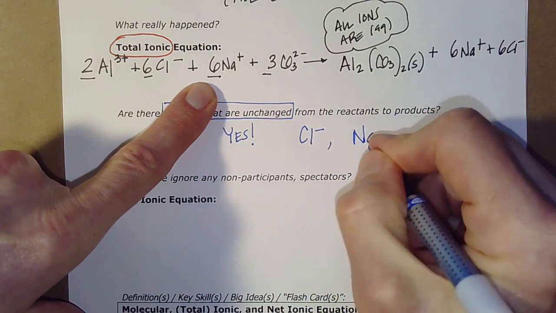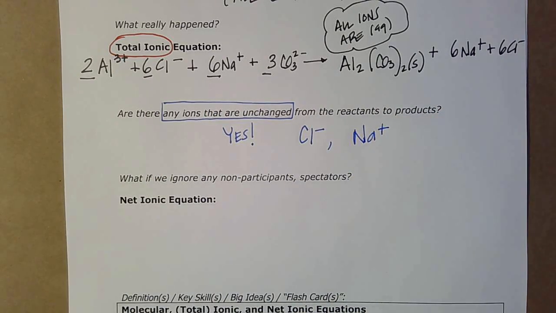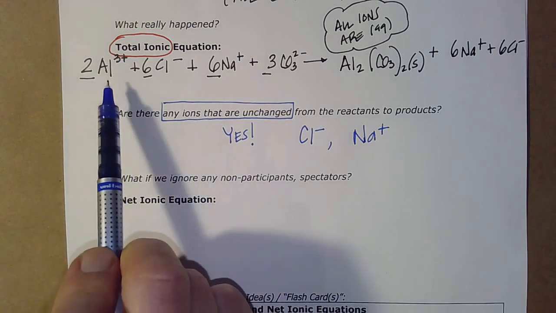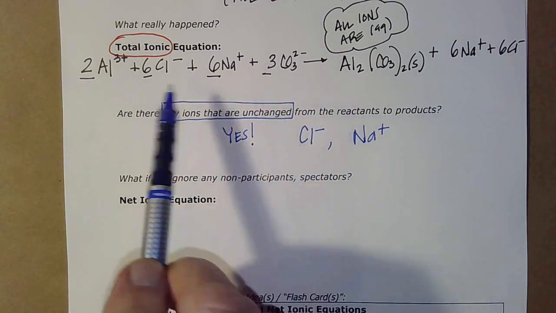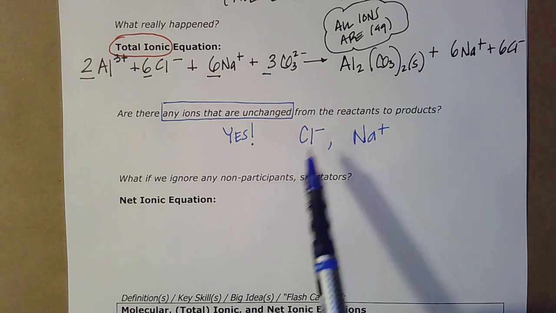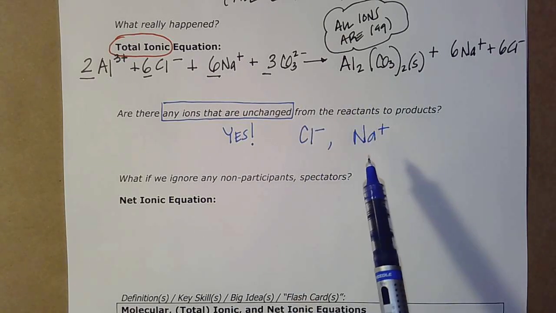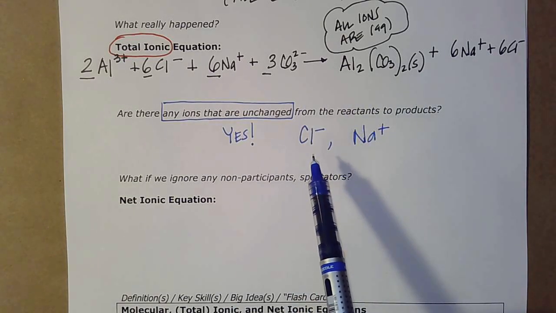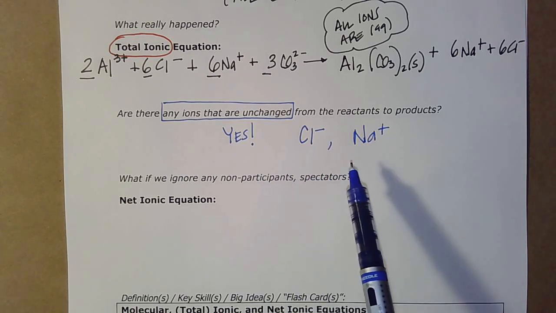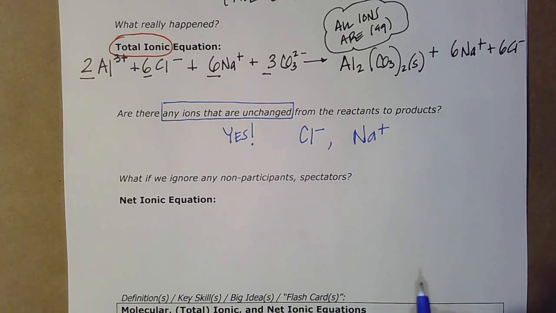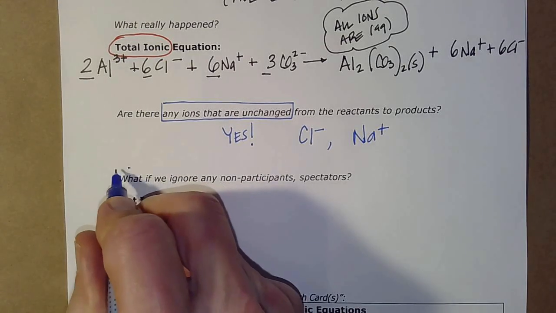The sodium ions did not react either. So we could say our lives might be easier if we just said, okay, let's list the ions that are in the solution and in the product, and let's ignore those that didn't do anything. We sometimes say they're spectators.